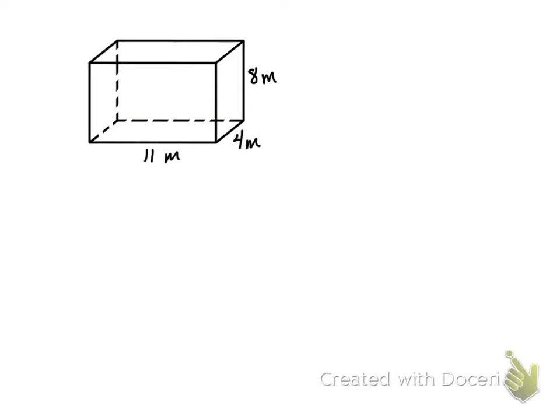Okay, this is a rectangular prism, so the volume here is the area of the base times the height. Area of the base, in this case, I'm going to call this our base. And to find the area of that, it's just a rectangle.